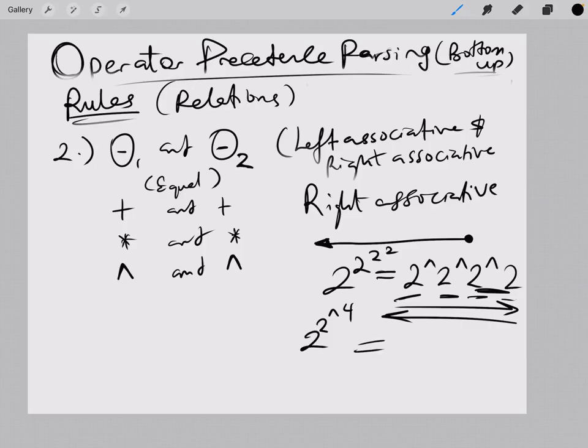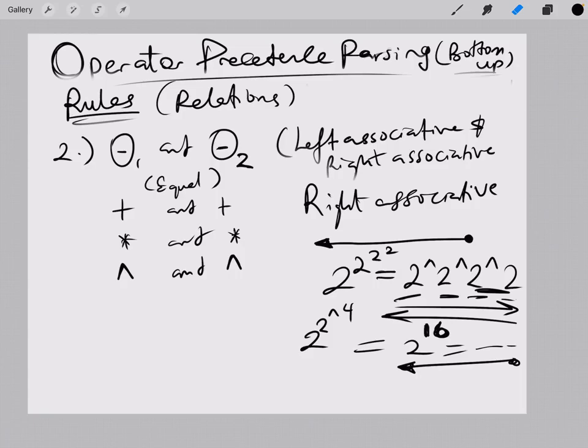Then we'll go again. 2 to the power of 4 is 16. So we have 2 raised to the power 16. I don't know what this is. This is probably a very, very long number, but you get the point. You are going in from right to left, and because of that, this is right associative.